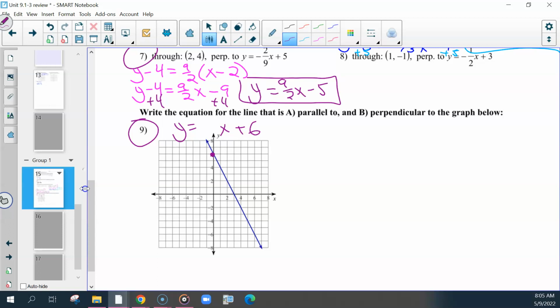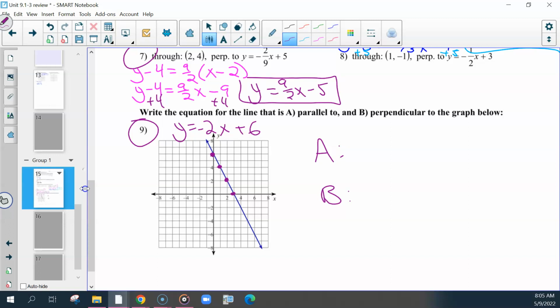Find another point that crosses grid lines. Make sure that slope kind of matches as you go along. The slope of this line would be what? -2.